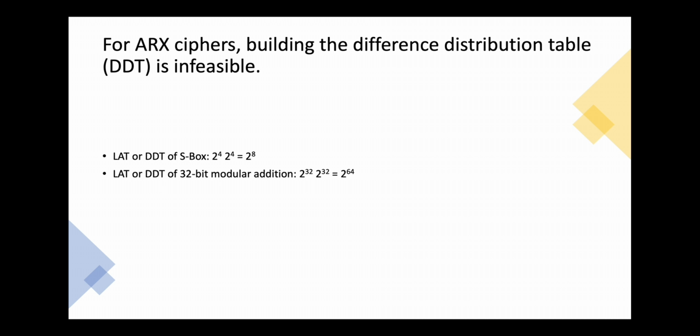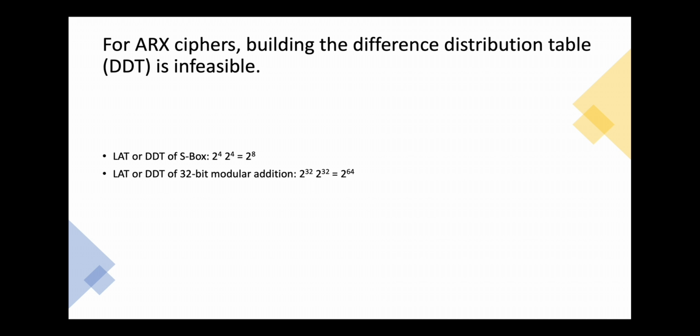Therefore, generating a linear approximation table or difference distribution table for modular addition requires 2 to the power 64 or more elements in the table, which is almost impossible, or we can say infeasible.